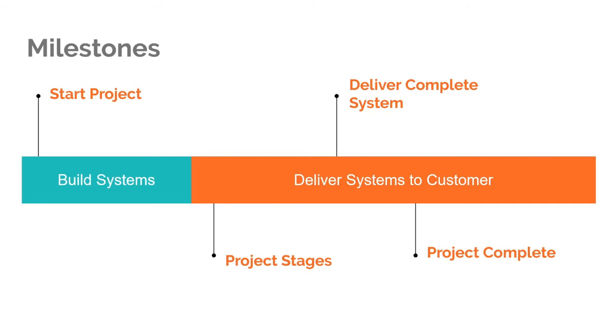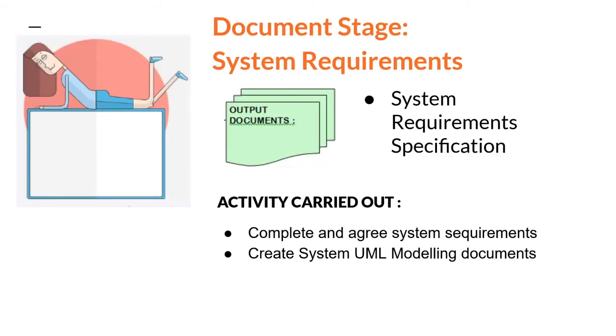The output document becomes the System Requirements Specification, and this results from an activity carried out in which the requirements are completed and agreed, in which the system is modelled using some kind of modelling methodology such as UML, Unified Modelling Language, to describe and document what the system is going to be doing and how it's going to behave.